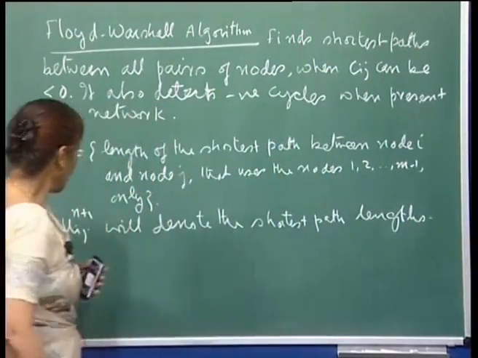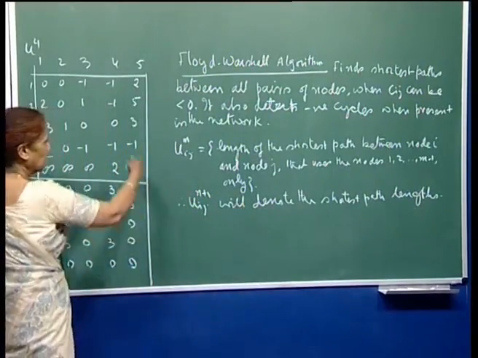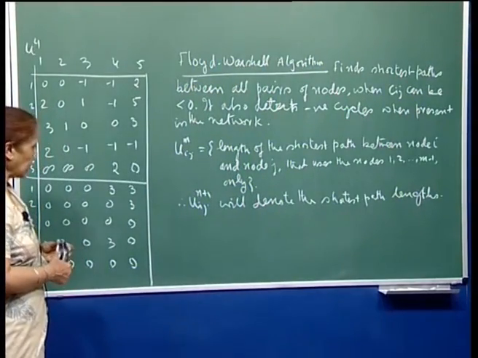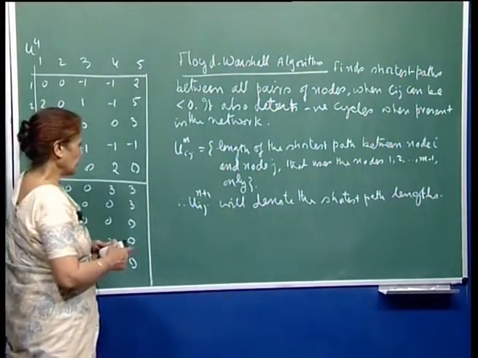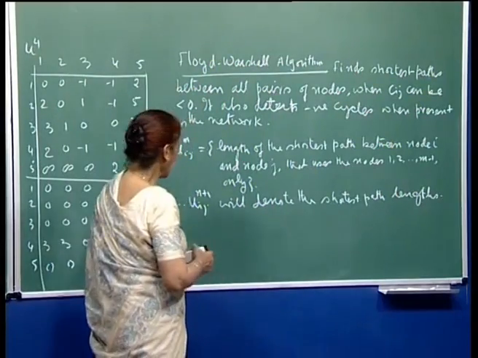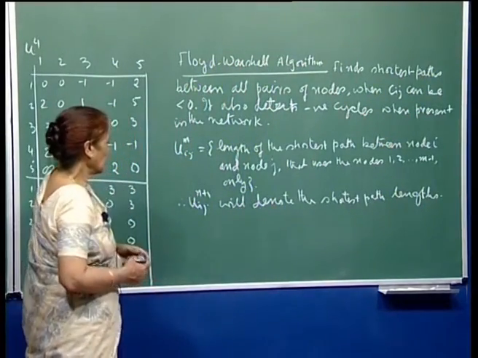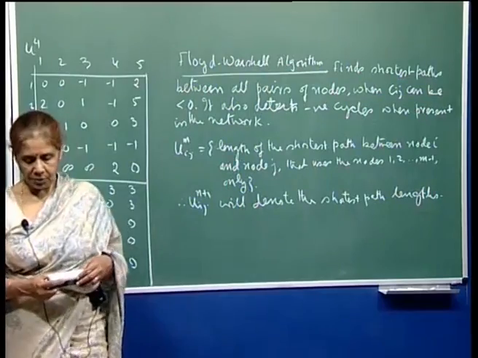Okay. So, once I have gone through all the nodes, that means there will be n iterations to this algorithm again, and so we will then be able to claim, and I will prove to you, that the Uij n plus 1 will denote your shortest paths.